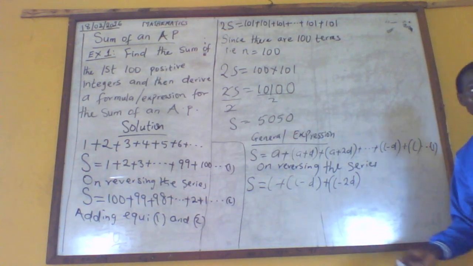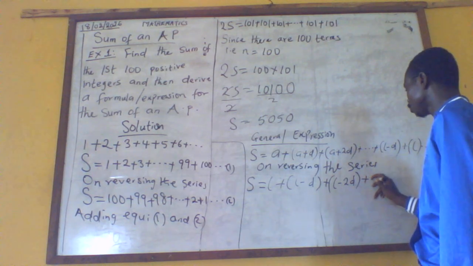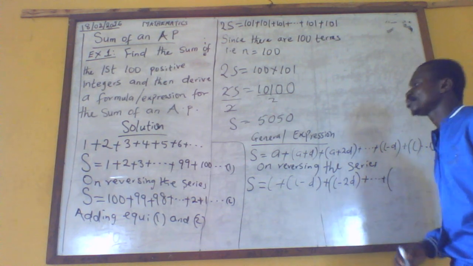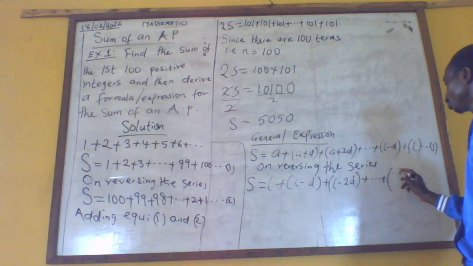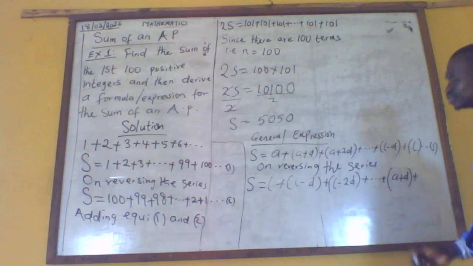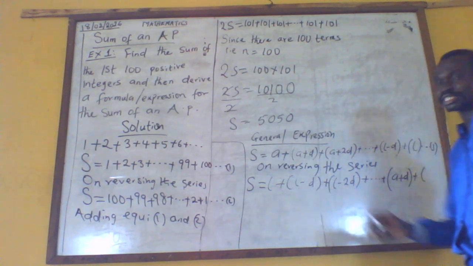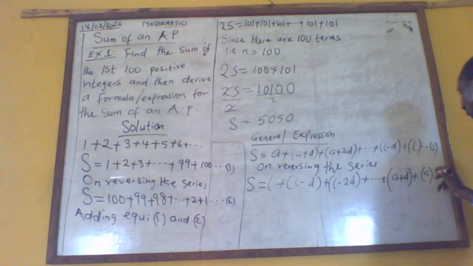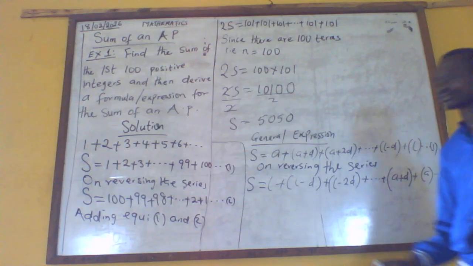So it will continue like that, L minus 3D, till we get to something simpler. Now, 2 is my A plus D, because I'm reversing it. And 1, just like what we did here, is our A. That's our equation 2, right? So we can now add equation 1 and 2.